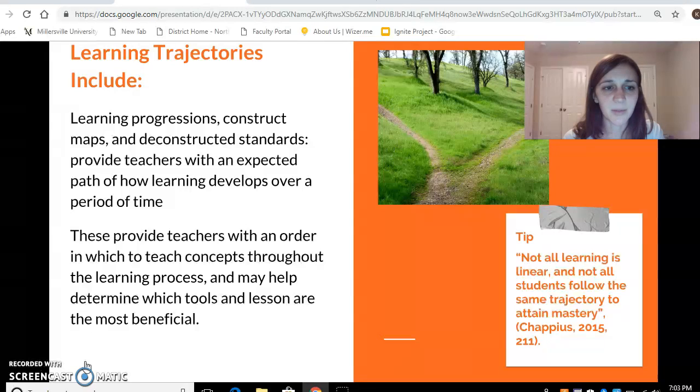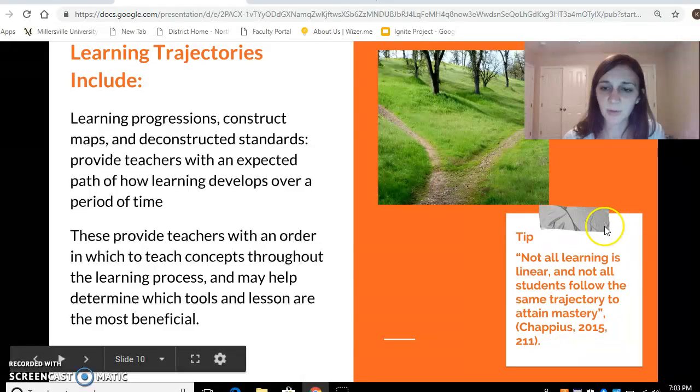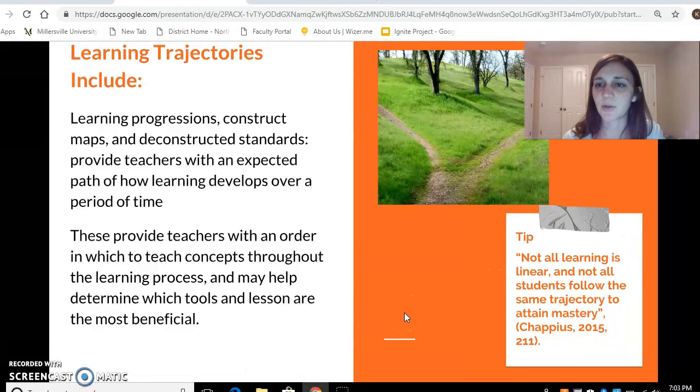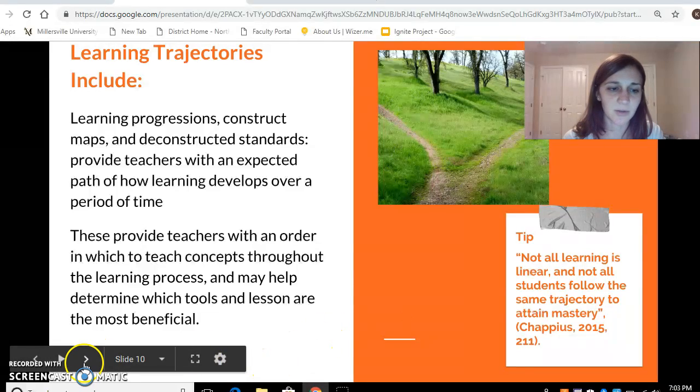And then it gives the teachers kind of like a pathway to figure out how the learner can develop over time. It can help us determine tools, lessons, strategies that are going to be most beneficial. And I like this quote from the book: "Not all learning is linear, and not all students follow the same trajectory to attain mastery."